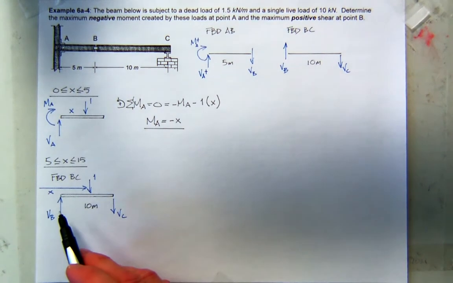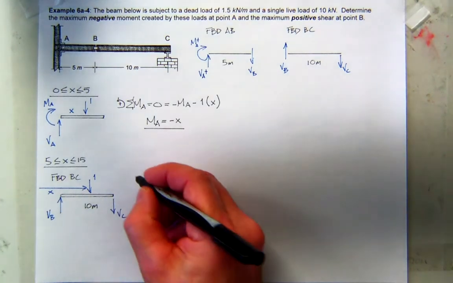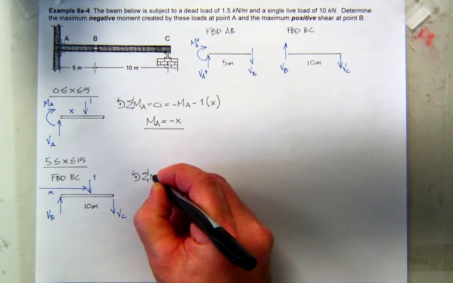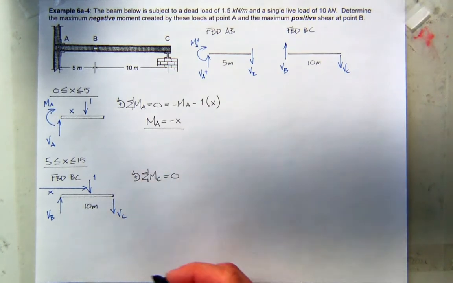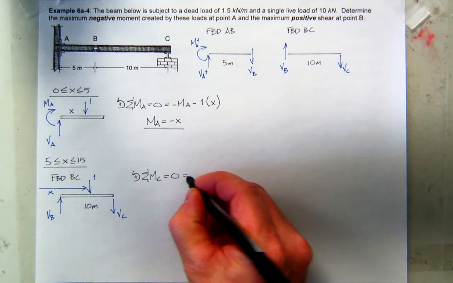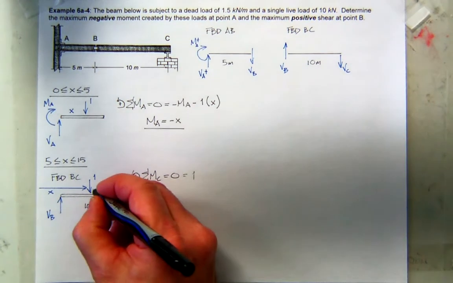So I want to find the shear at B. How do I find the shear at B? I'm going to sum moments about C. So if you sum moments about C, what do you get? Well, this 1 is creating positive moment about C. But what's the moment arm right here? 15 minus x.